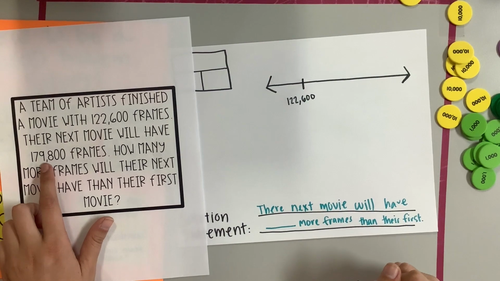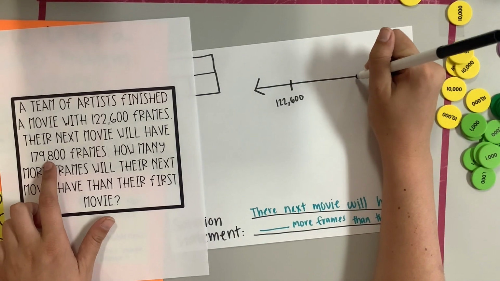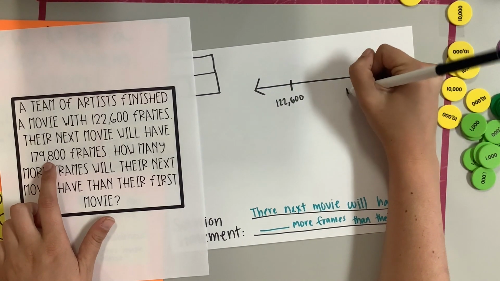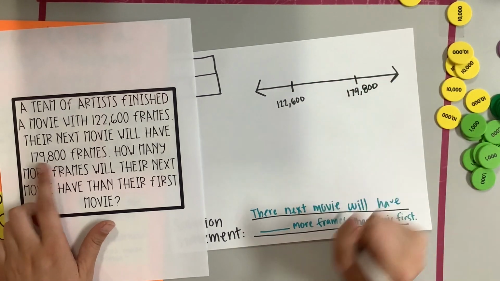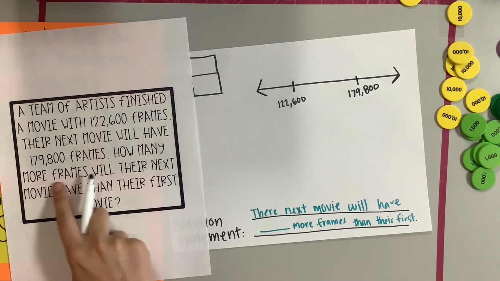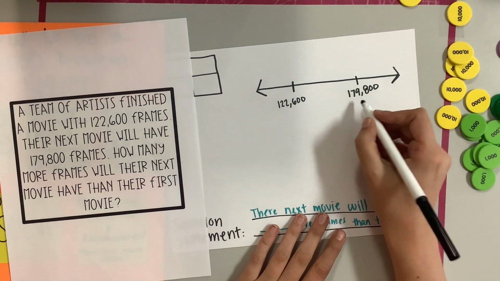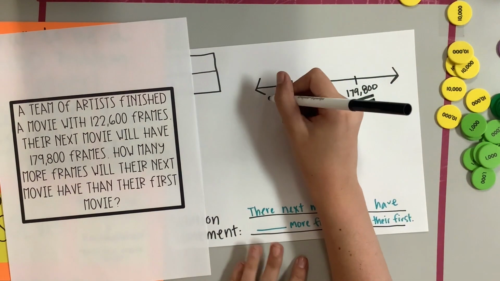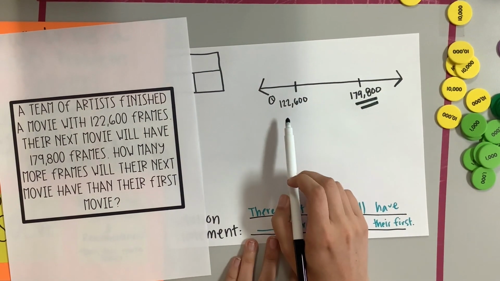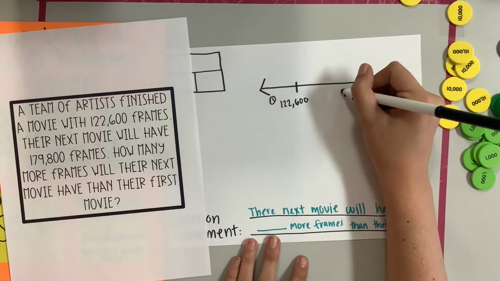Their next movie is going to have this many, so I'm just going to put it over here. 179,800 frames. How many more frames will their next movie, that's this one, have than their first movie? That's this one. This is their first movie. This is their second movie.